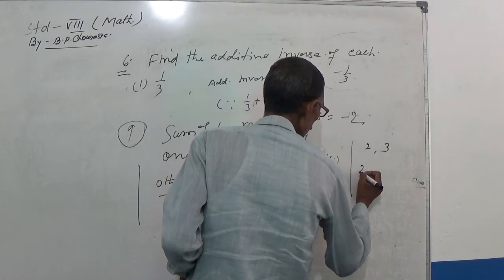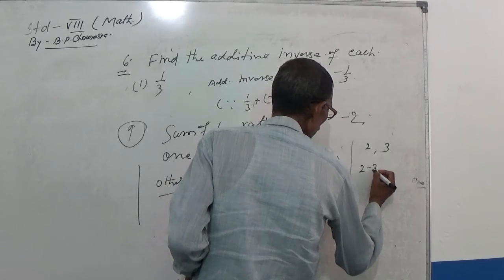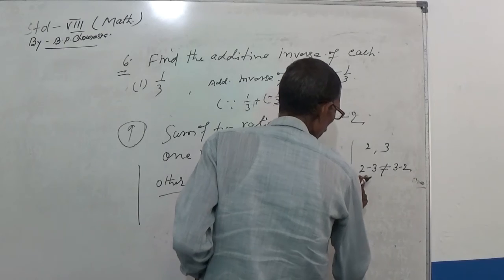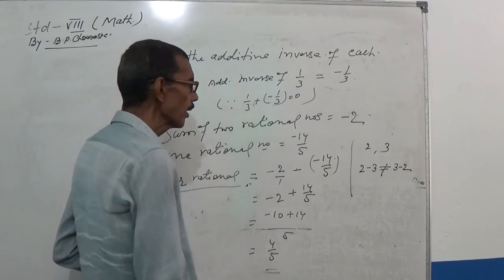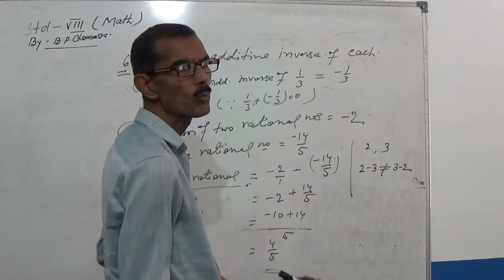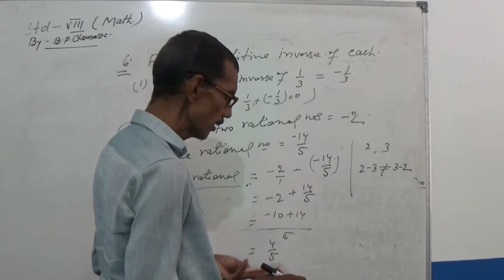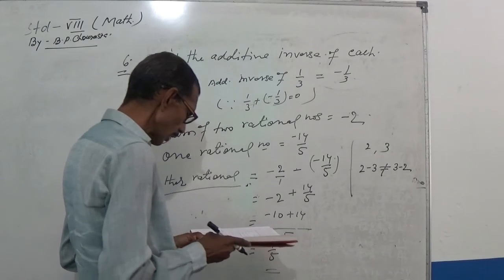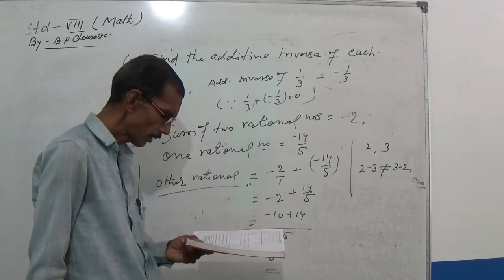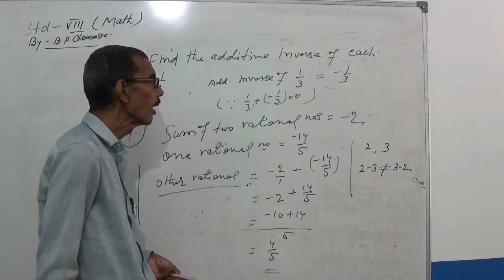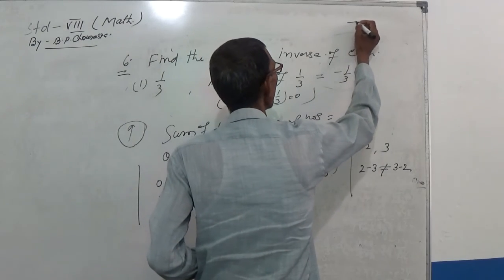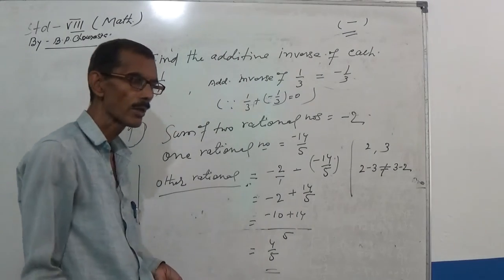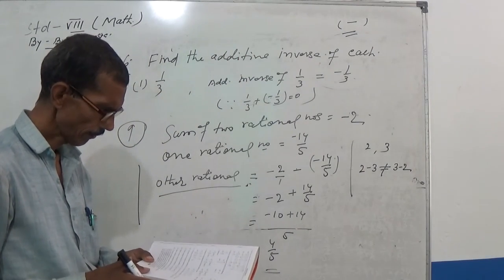But 2 minus 3 is not equal to 3 minus 2. The value of 2 minus 3 is minus 1, while the value of 3 minus 2 is 1. So rational numbers are not commutative under subtraction. Commutative is addition only.